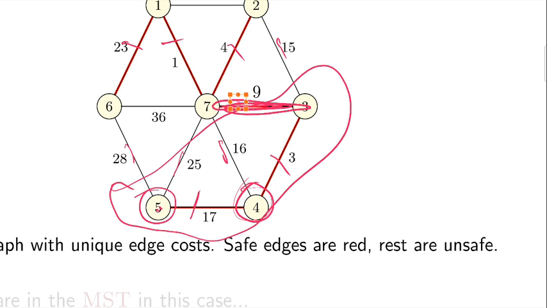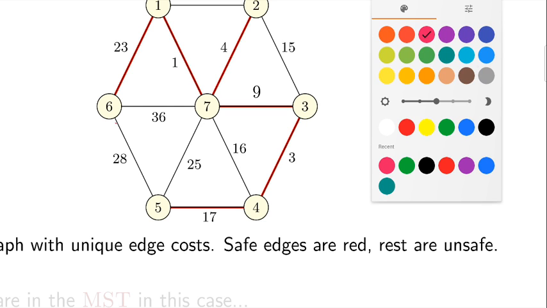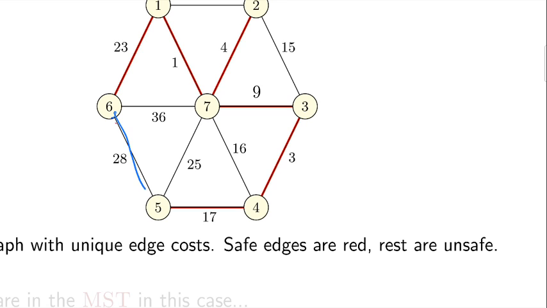Now let's verify that all the other edges, the non-red edges, are not safe. And that's very easy, right? Because what we're going to do is just add each one of those edges to the red graph. If I add it to the red graph, I get a cycle. And magically enough, 28, 23, 1, 9, 3, 17, for example. 28 is the most expensive edge, so this is unsafe.